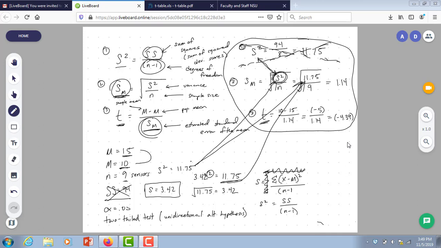The last thing I want to talk about is the writing of your null hypothesis as well as your alternative hypothesis. This was a two-tailed test, so our alternative hypothesis just indicated that there would be a difference.